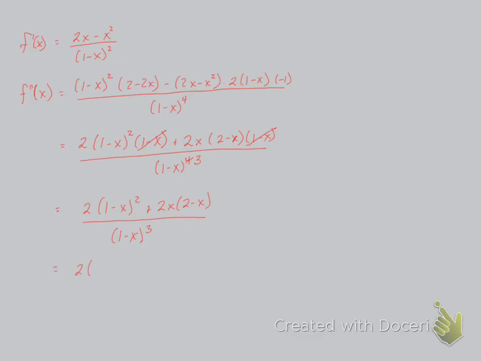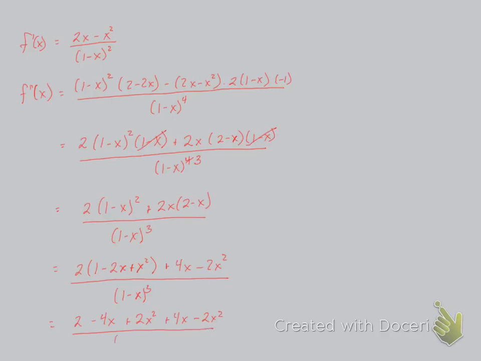So I'll have 1 minus 2x plus x squared plus 4x minus 2x squared. If I distribute that 2, I will have 2 minus 4x plus 2x squared plus 4x minus 2x squared.